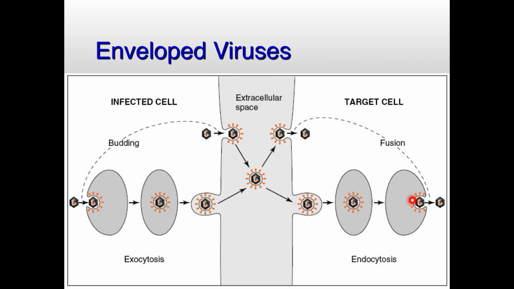And what we've talked about a lot is that this is very often dependent on a pH change, because in endosomes the pHs are lowered because that's what cells are usually doing to break down whatever they brought in, usually some kind of food source. And then that change in pH is very often sensed by the viral envelope proteins or some other part of the virus in order to change the structure.